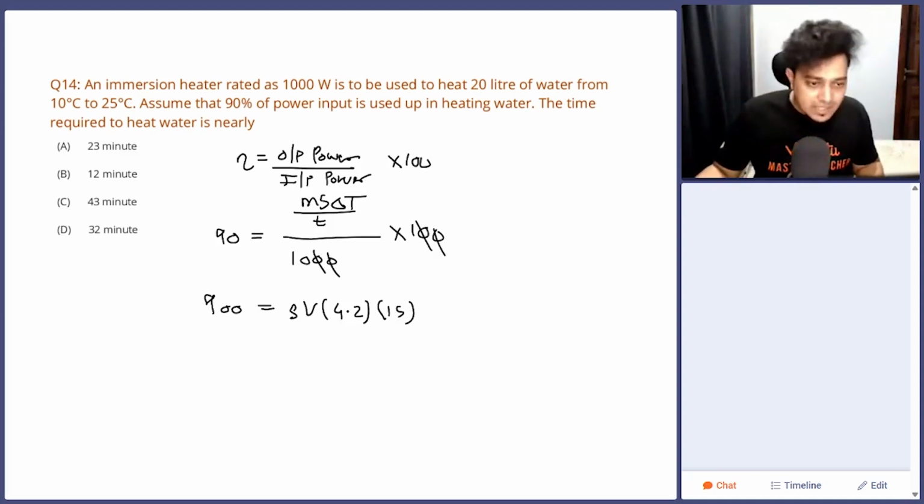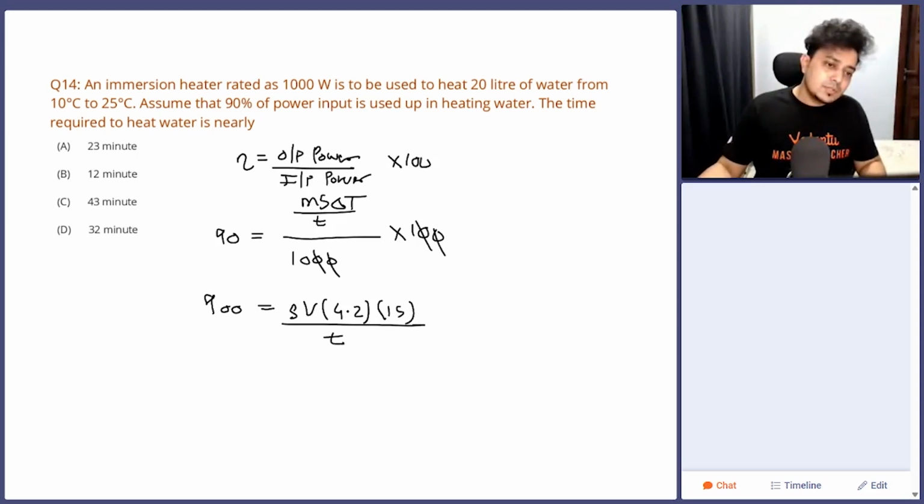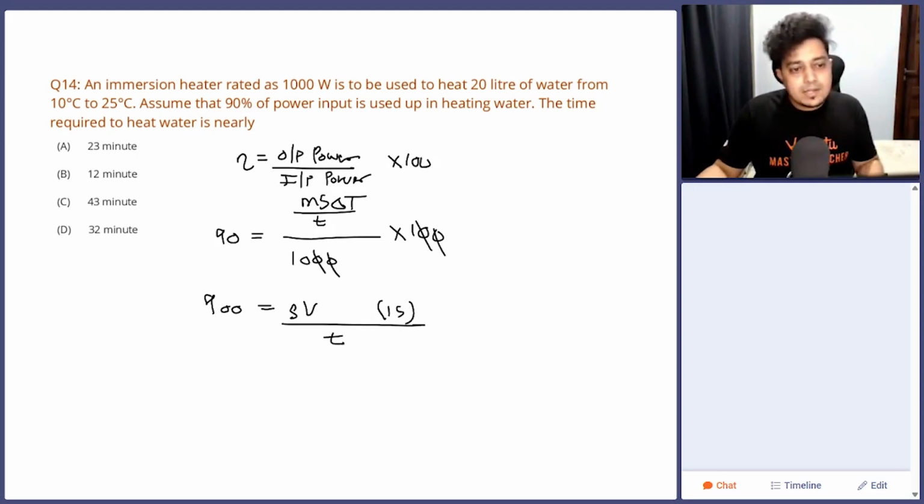We have to calculate time. So time is in the denominator. Now what we have to do? We have to substitute all the values carefully. If you solve in CGS, then you will get the answer in calories. I mean, if I don't convert right now, the final answer can be converted. Fine.